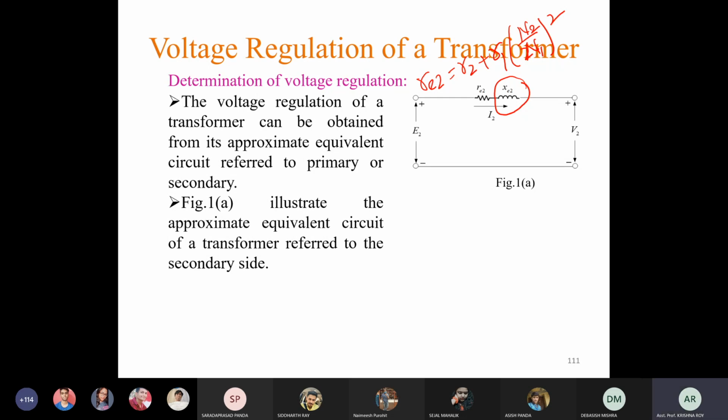Now can you draw the phasor diagram for this equivalent circuit?